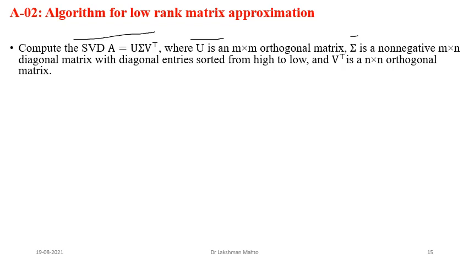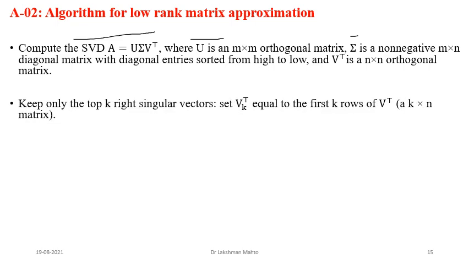Sigma is a diagonal matrix whose diagonal entries are the singular values of A, and V transpose is again an orthogonal matrix, and the columns of V are the right singular vectors of A. You know the meaning of left singular vector and right singular vector.